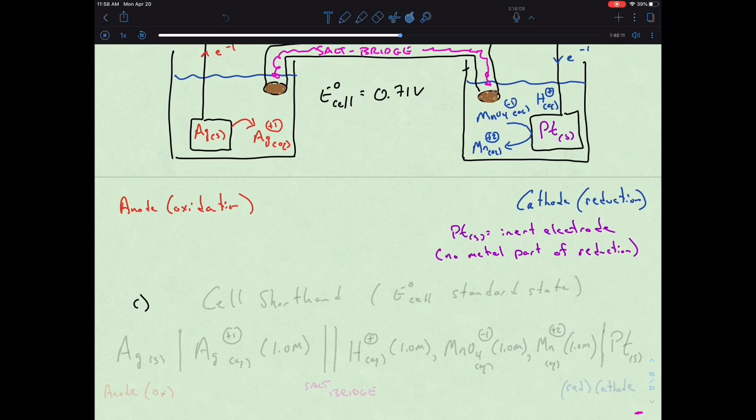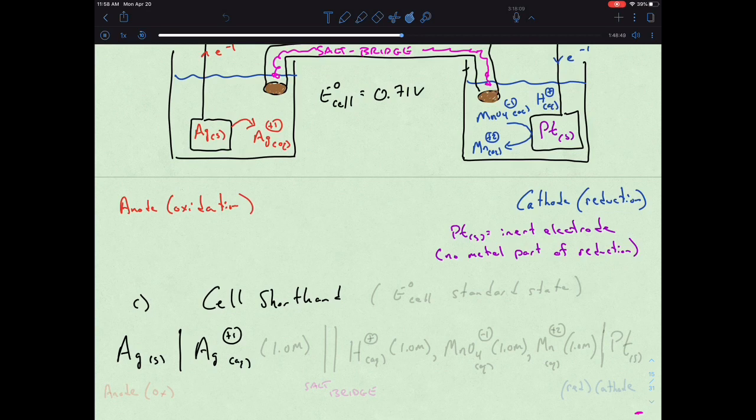Part C is looking at now the cell shorthand of this reaction. So it's really taking what we just did with the cell diagram and now compressing it within cell shorthand. We would start from left to right, saying that I have solid silver, then that's turning into silver plus 1, that's aqueous.